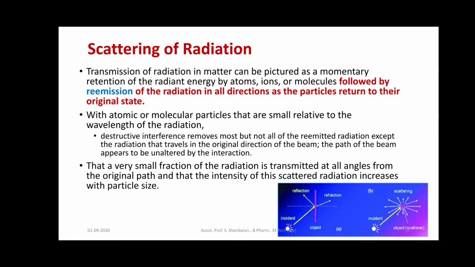When we give light from X to Y, that direction is not affected, but it can destroy the waves in all other directions. The intensity of the scattered radiation increases with particle size. This is also a principle.